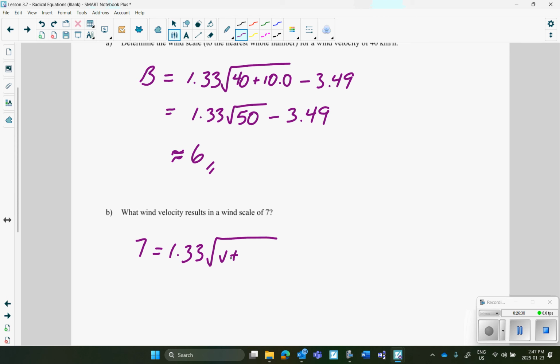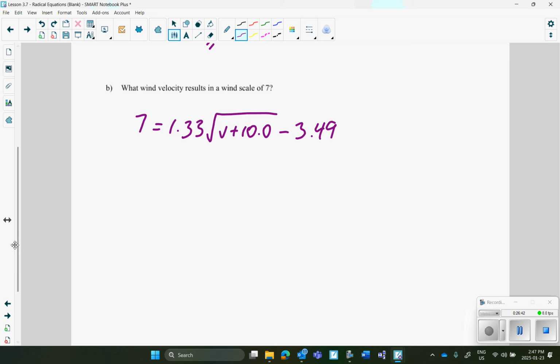V plus 10. I'll just put minus 3.49. So now you have to set up an equation to solve for V, or X or whatever you call it. So now we've got a whole bunch of things to take over to the other side, don't we? Remember, let's get rid of what's furthest away from the V first.